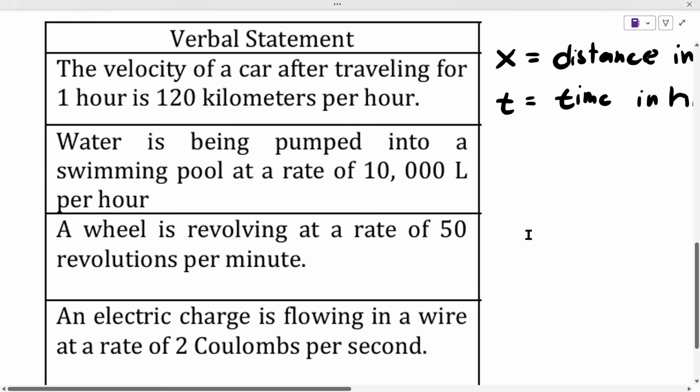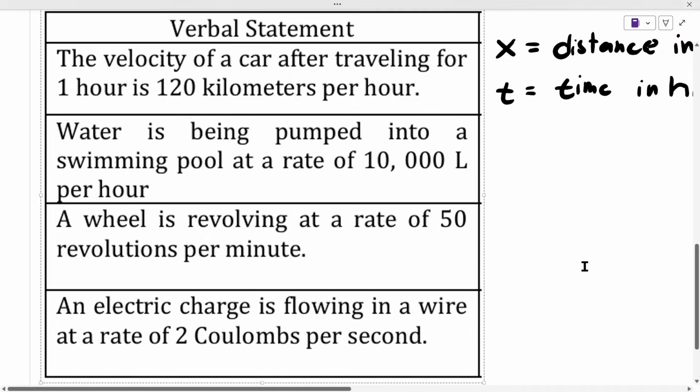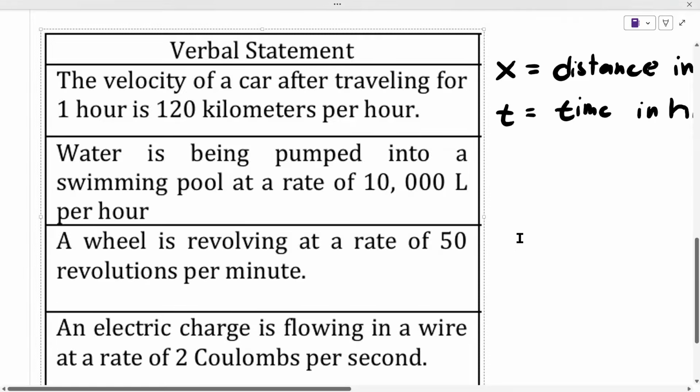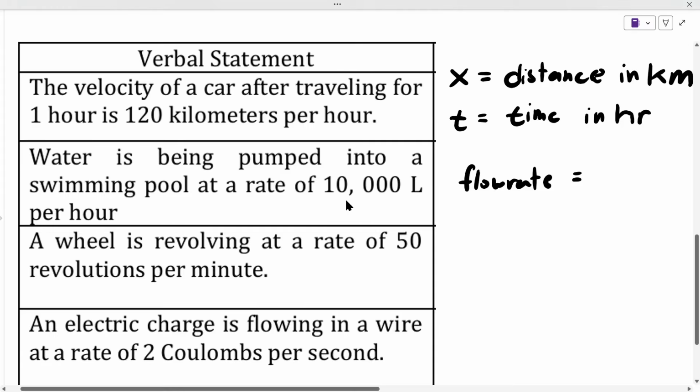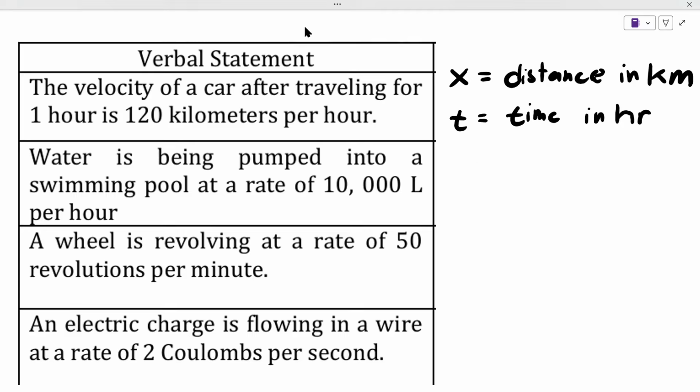Next, water is being pumped into a swimming pool at a rate of 10,000 liters per hour. So there's a flow rate, and there's a volume.